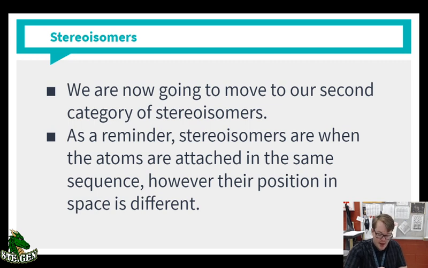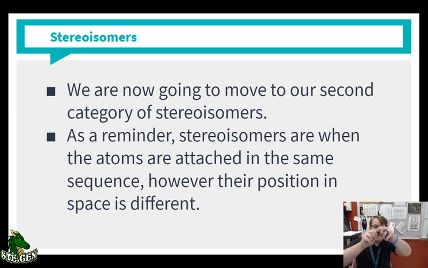If I put them like this, even though this is 4 carbons attached by single bonds, and then on the second carbon there is a double bond between the second and the third carbon, this and this could both be described by that phrasing: 4 carbons in a chain where the second and the third carbon are connected by a double bond. Both of these can be described by that.